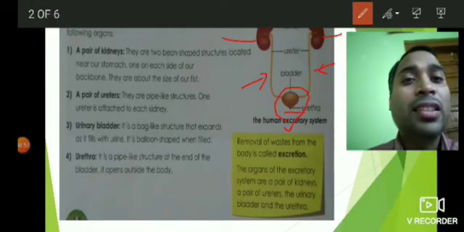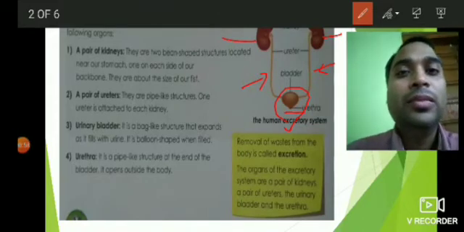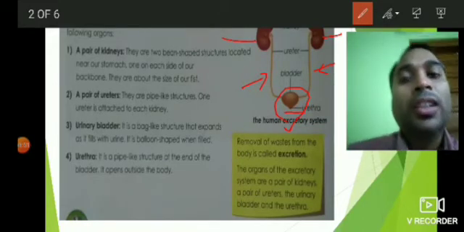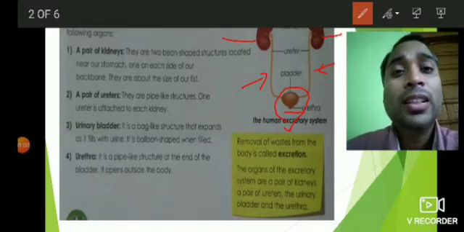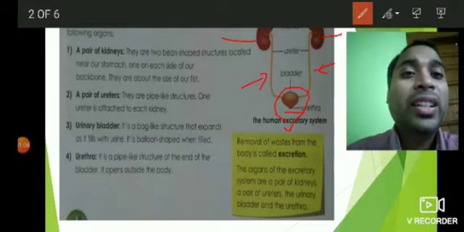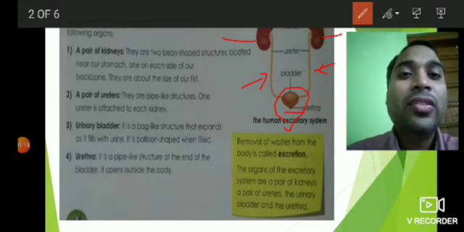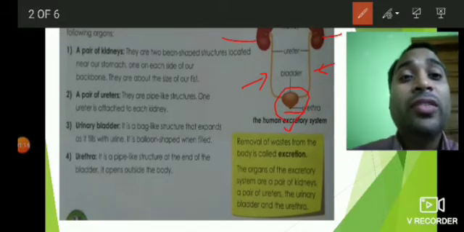Now let us discuss these parts again in short. A pair of kidneys. The first part of the excretory system is the kidneys. They are two bean-shaped structures located near our stomach, one on each side of our backbone. They are about the size of our fist.